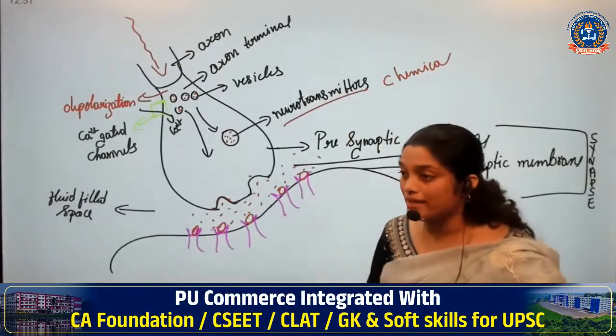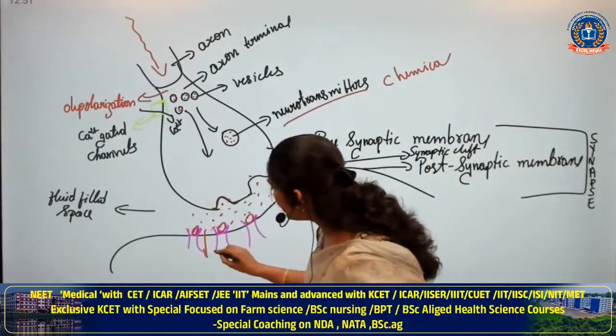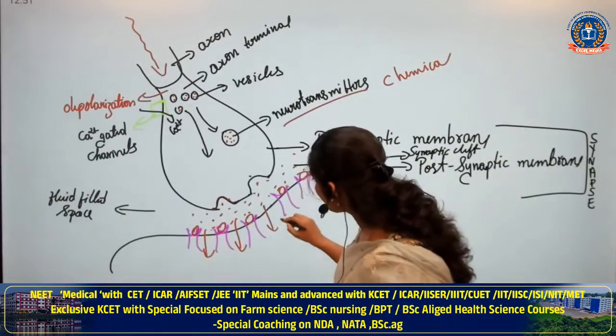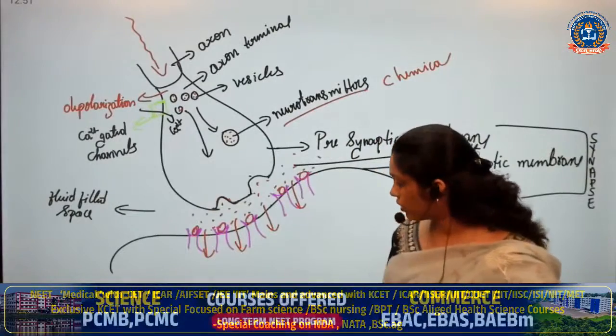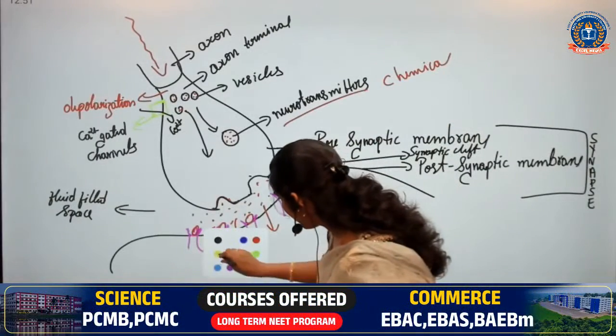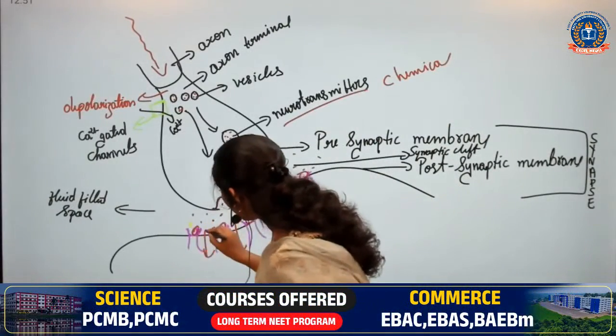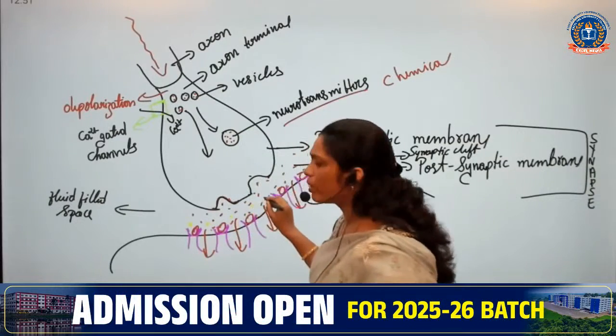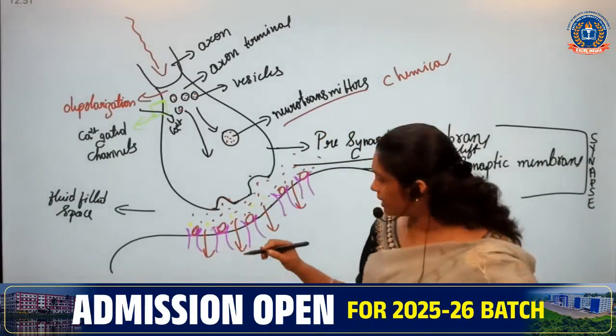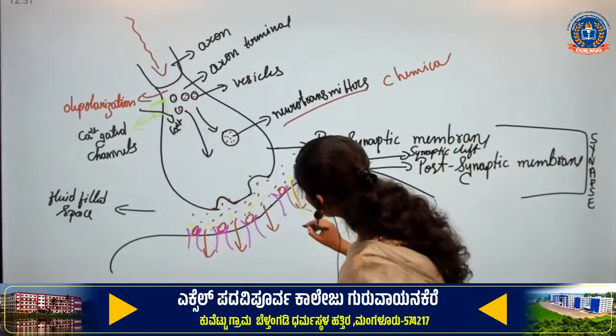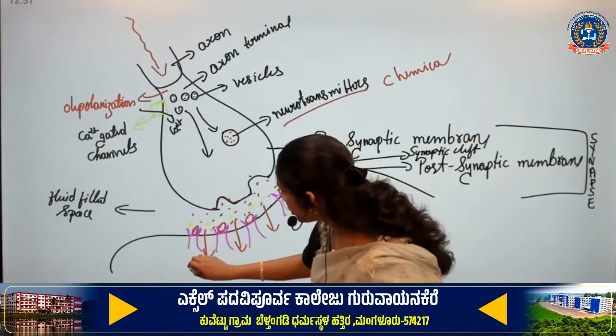What will happen next? Here there will be other channels. They will get open. Let me write: whatever ions there are, it can be sodium, potassium, they will start to enter through all these other channels which are present.